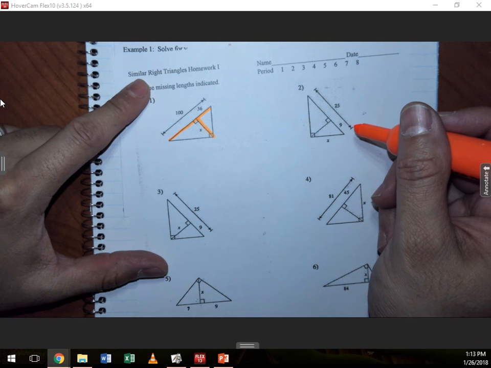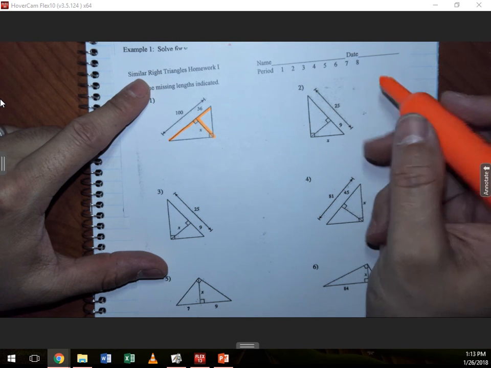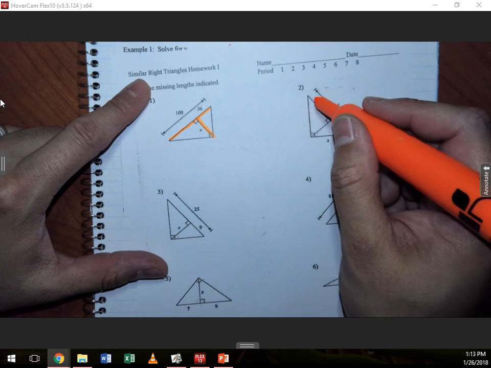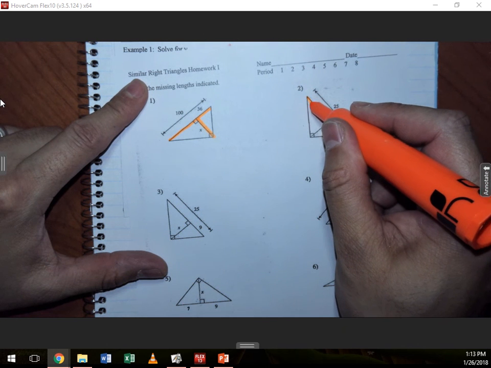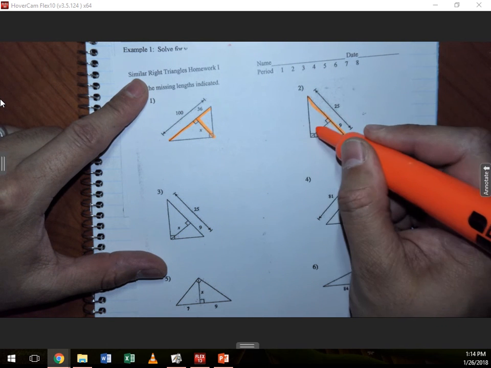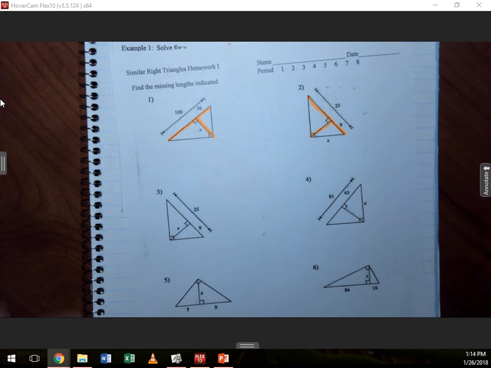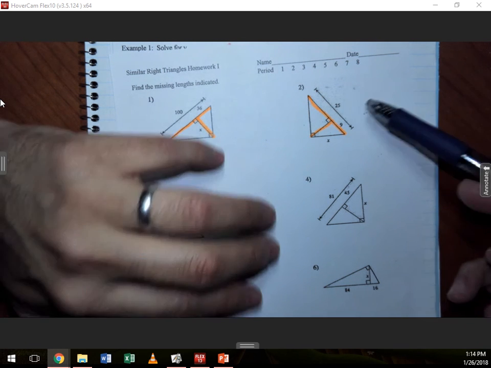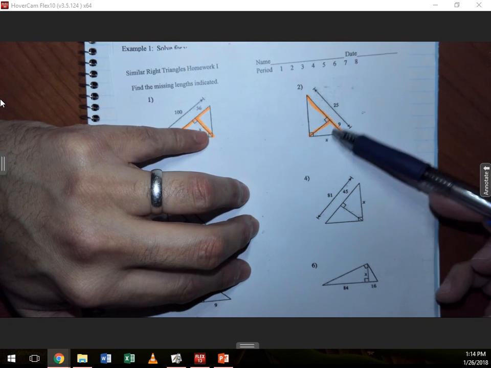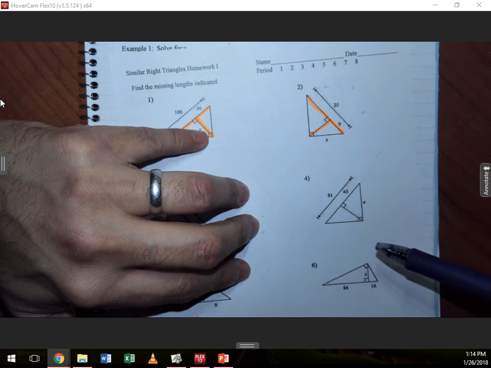Now, for this one right here, this one is interesting because I don't have enough information yet. So I can't jump straight to Pythagorean Theorem with either of them here.